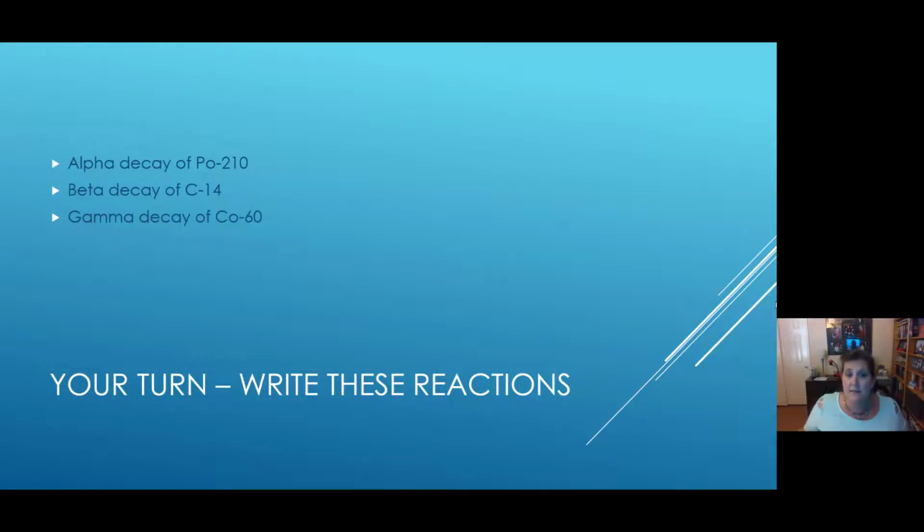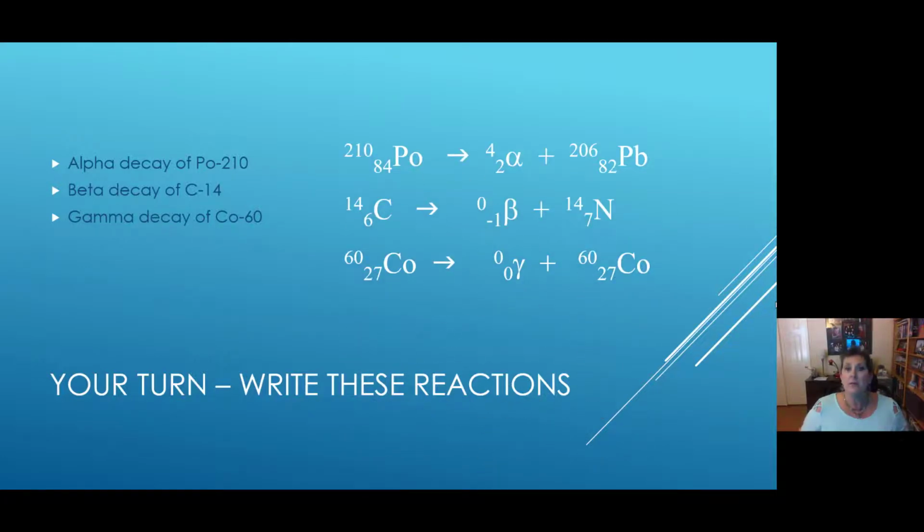What comes next? Arrow, and it's gamma. What is gamma? What over what? Yeah, this is the easy one. 0 over 0, gamma. And then you figure out the daughter atom. All right, so let me show you your answers. Here they are.